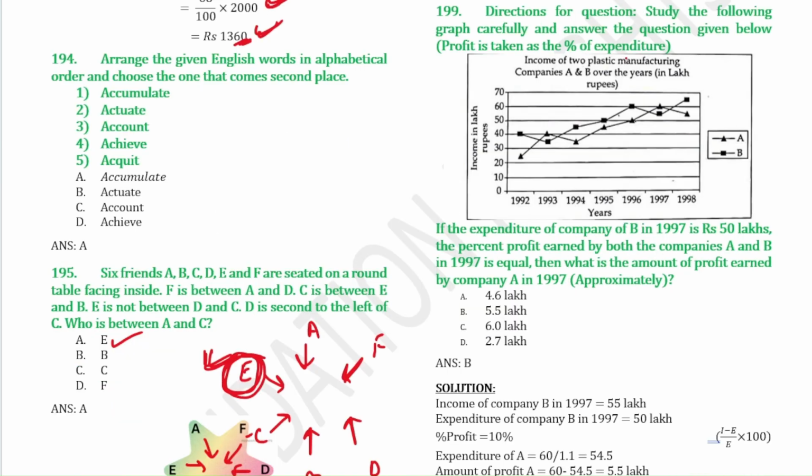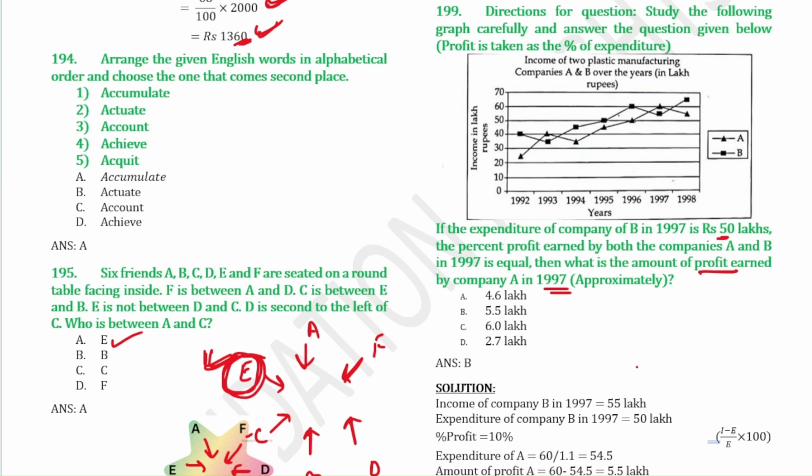Next question, the data is given. So we have to find the amount of profit earned by company A in 1997. So the expenditure of company B is given, that is 50 lakh. In the year 1997, the expenditure is 50 lakh.